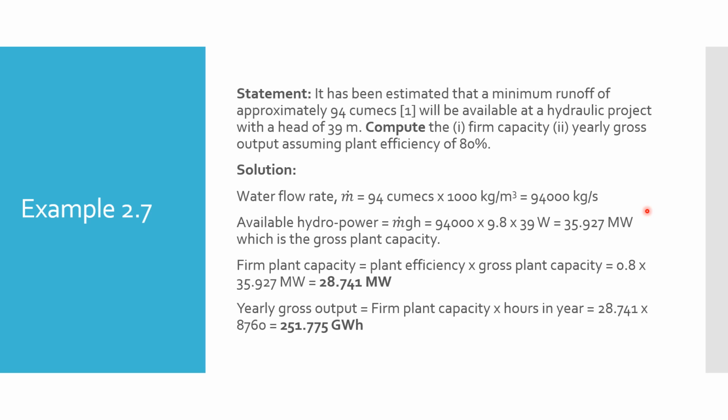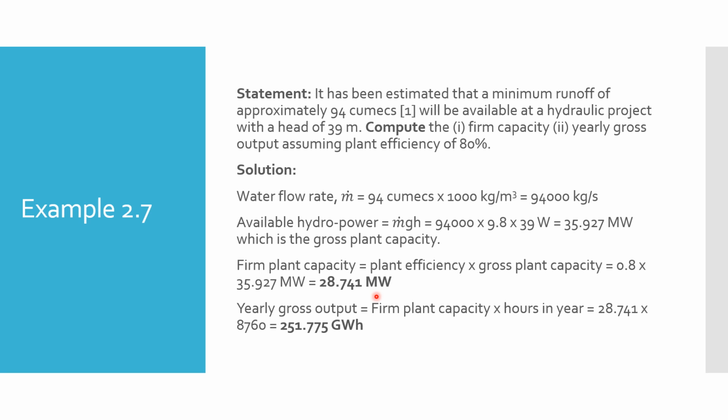So how much energy can you produce in a year is what we call yearly gross output. Yearly gross output can be calculated by multiplying the firm plant capacity with the number of hours in a year.